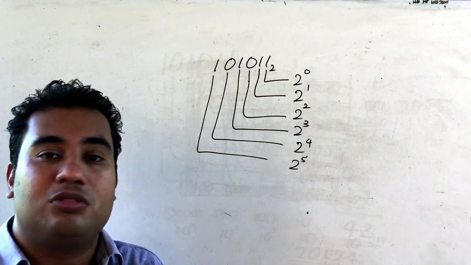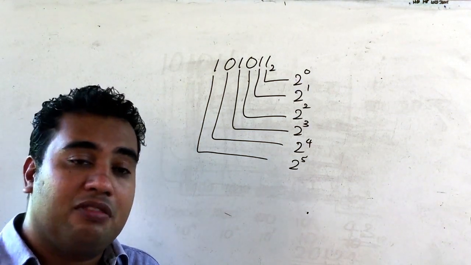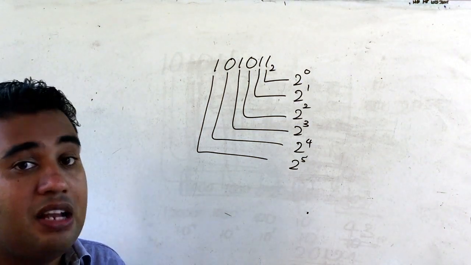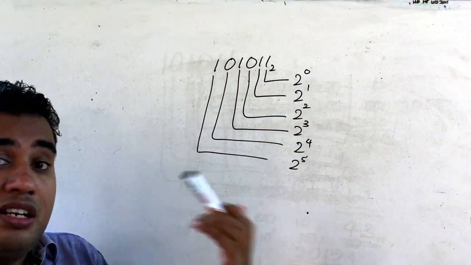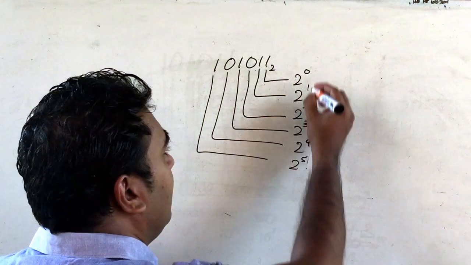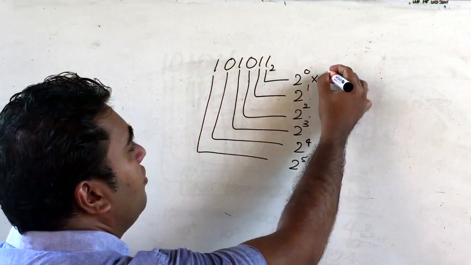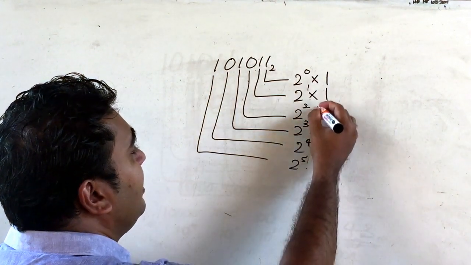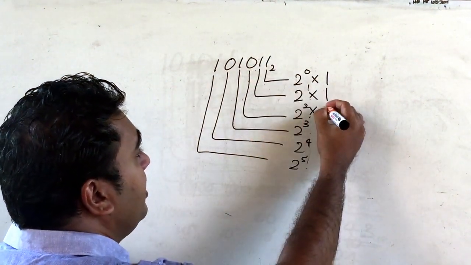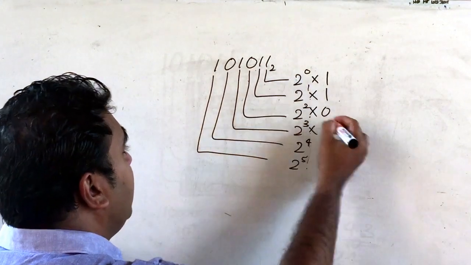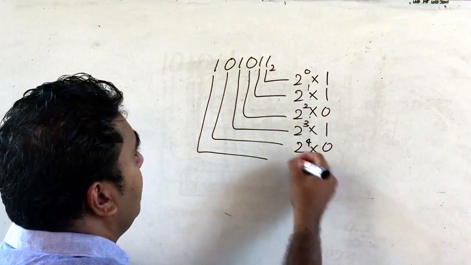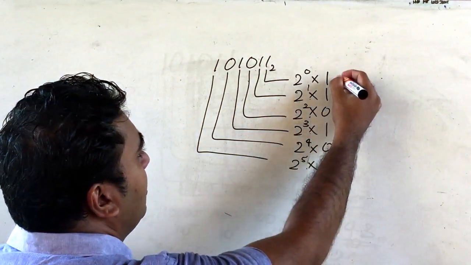Whether it is 100,000, whatever the number, the power of 0 is 1. So 2 to the power 0 is 1 again. And we are going to multiply that by the respective digit. Here the digit is 1. 2 to the power 1 into 1, as the digit is 1. 2 to the power 2 into 0, 2 to the power 3 into 1, 2 to the power 4 into 0, 2 to the power 5 into 1.